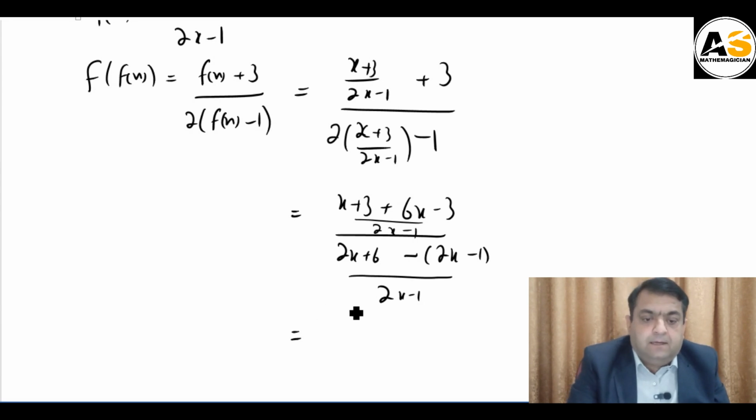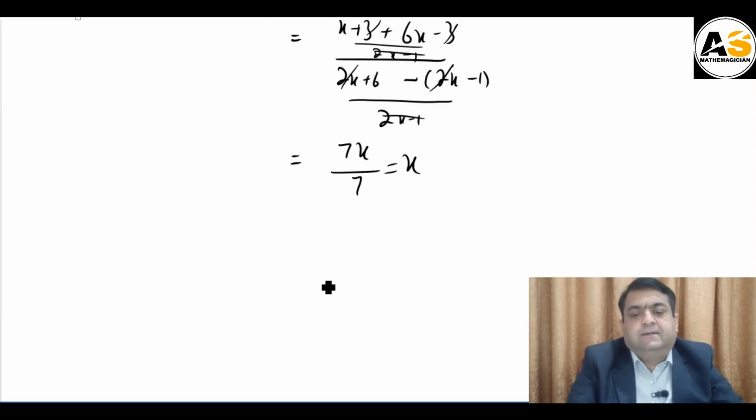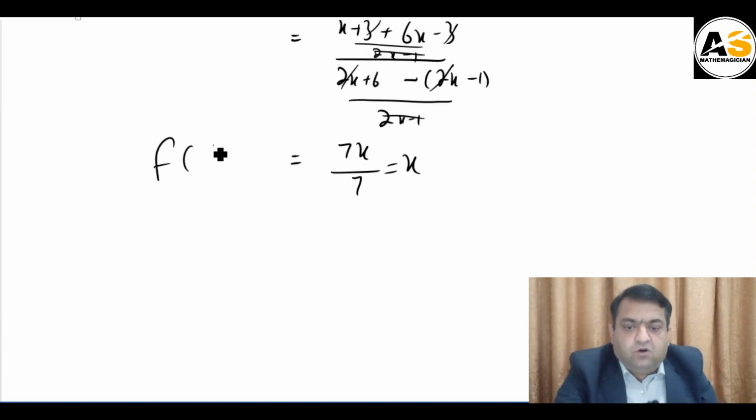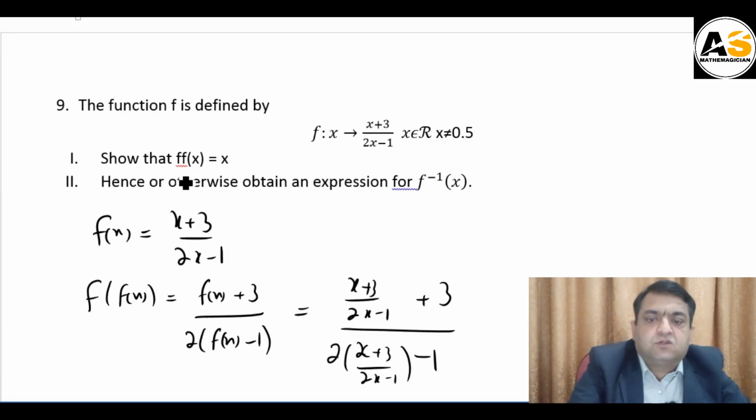This will be 7x, and the common denominators will be cancelled. It becomes 7x over 7, which is equal to x. So we have shown that f of f of x is equal to x. This was our first part.